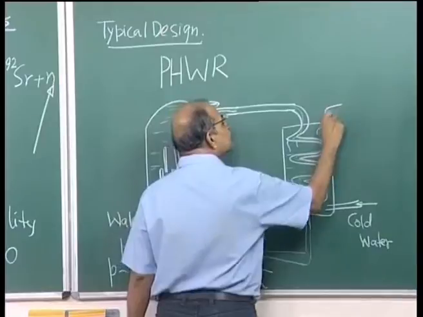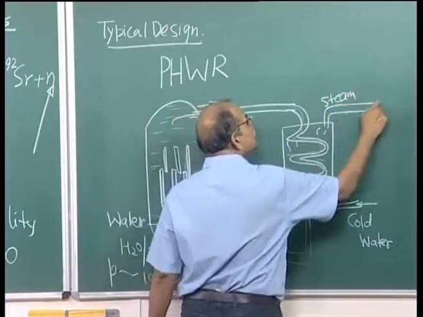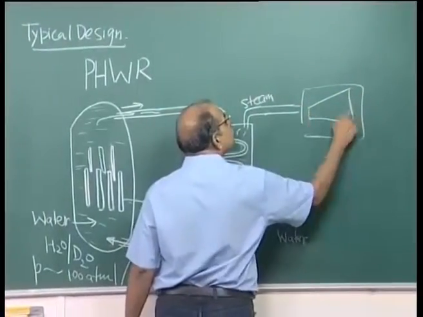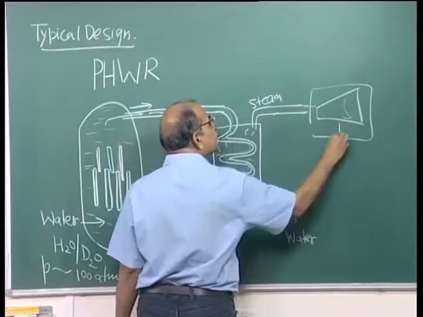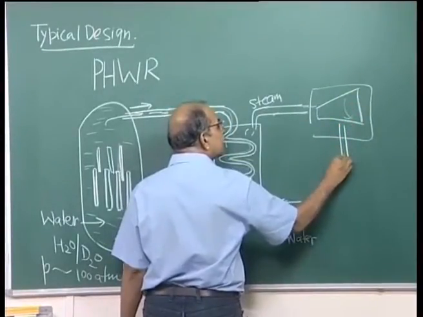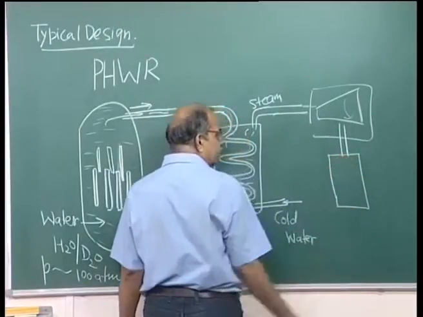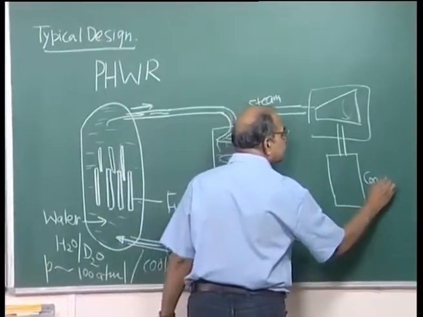and that steam can be taken to that turbine chamber to run that turbine, and then that steam can go to another heat exchanger, and you can call it condenser.